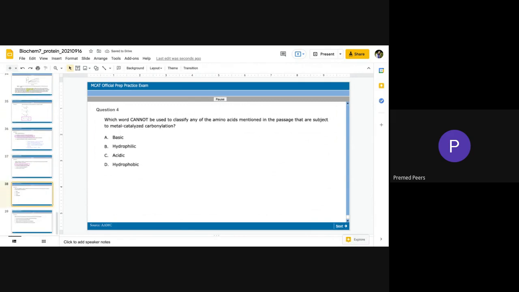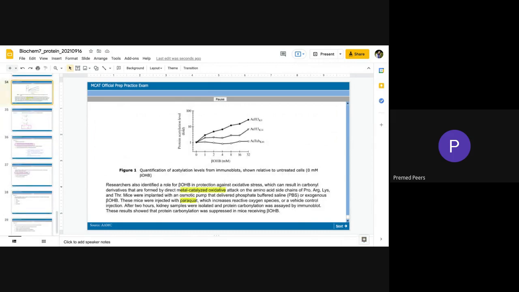So question number 4 asks which one cannot be classified with any of the amino acids mentioned within the passage that are subjected to metal catalyzed carbonylation. And going back to paragraph 3, that talks about the carbonylation, the amino acid choices are proline, which is nonpolar, arginine, which is basic, lysine also basic, threonine is polar.